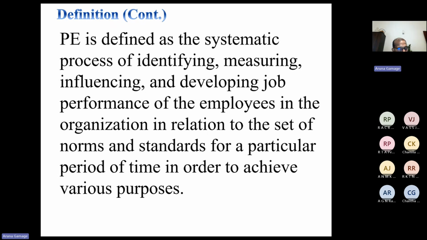Right. There are two categories of purposes. One is administrative purpose. The other one is development purpose.